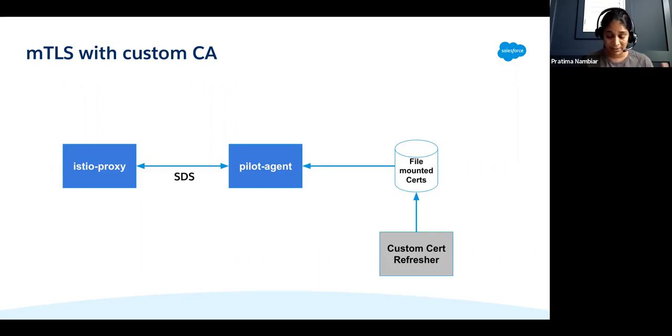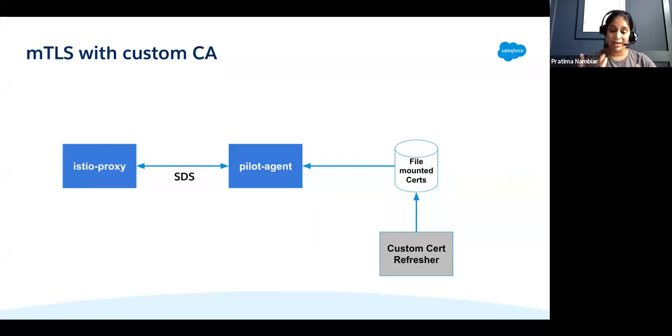It didn't look like this 2 years ago, but this is what it looks like today. Envoy, the Istio proxy, communicates with Pilot Agent via a secret discovery service API, so an SDS API. And Pilot Agent then reads the certs from the file-mounted or in-memory volume-mounted certs rather than from Istio-D or Citadel.